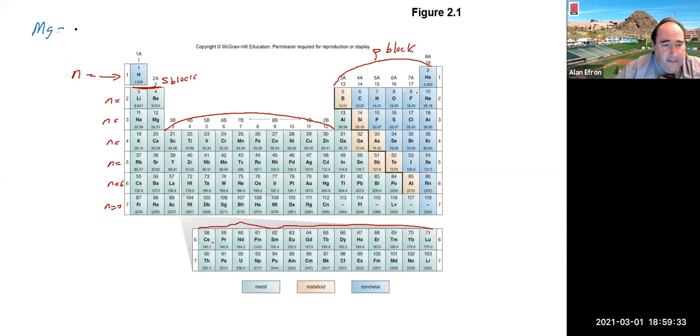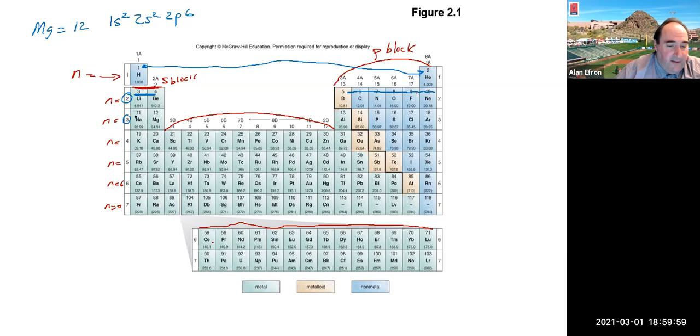We start here and go across to helium: 1s2. Then we come here: 2s2. On the other side, 2p, 1, 2, 3, 4, 5, 6: 2p6. Then we come here, that is 3, the s block: 3s2 would be the configuration. So you can count off an electron configuration.